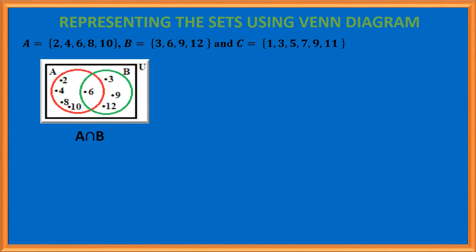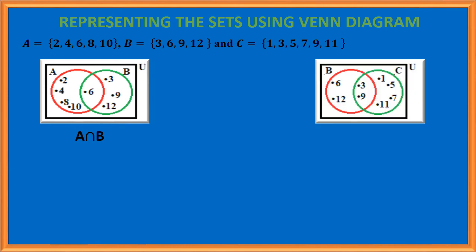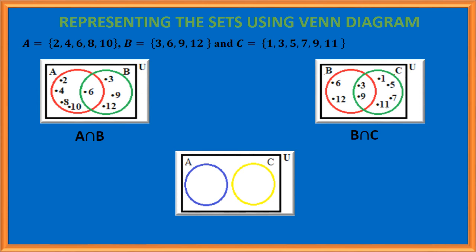Then we also have this, where the intersection of B and C will be 3 and 9. So this also represents B intersection C. Then we can also have A and C, which had no common elements, so they are disjoint sets. So this represents A intersection C, which is empty, they are disjoint.